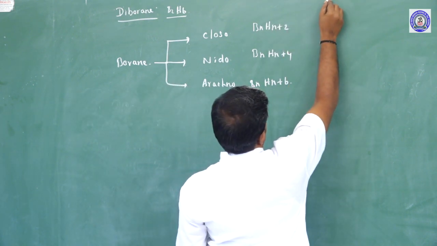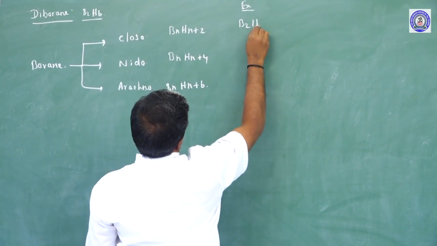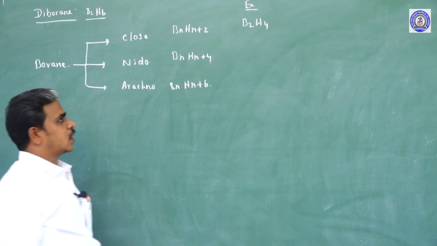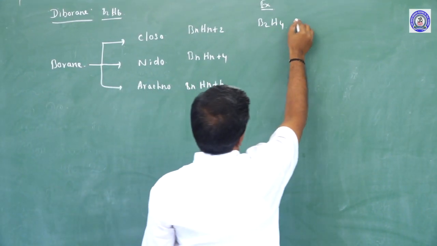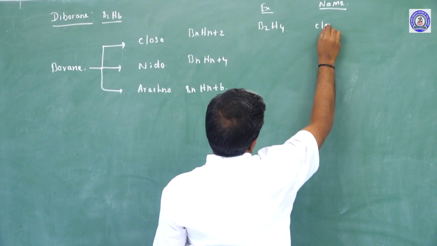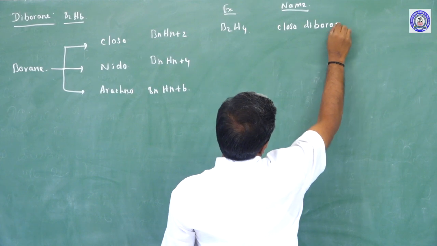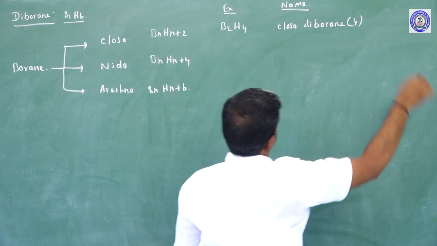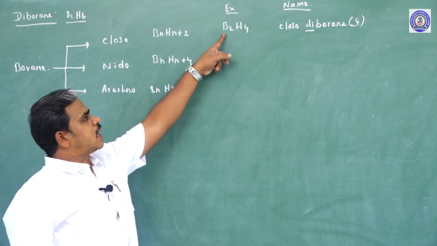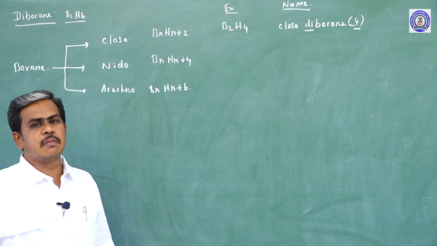Examples of these boranes. We take the example B2H4. It is closodiborane(4). We are taking the naming also. Here di represents the number of boron and 4 represents the number of hydrogen.